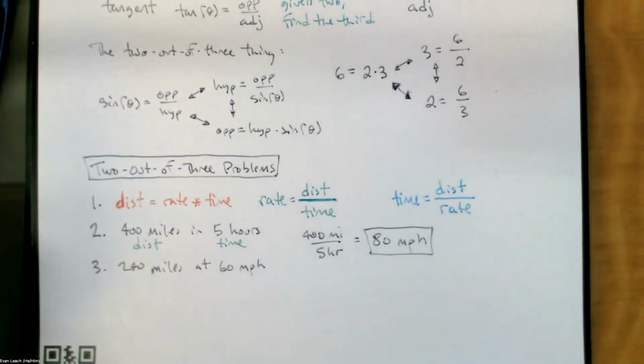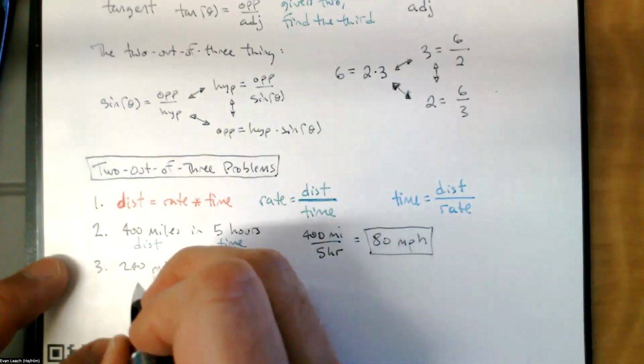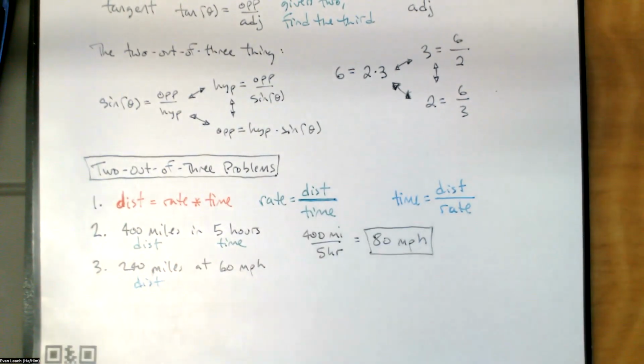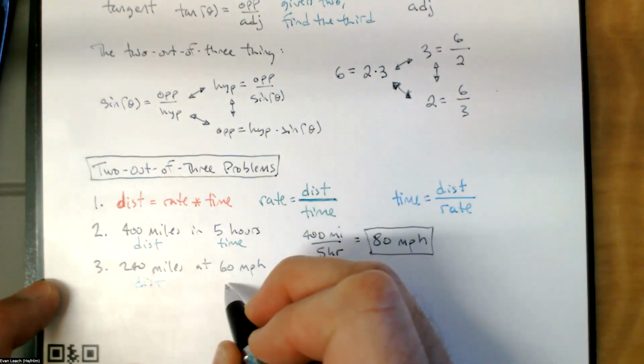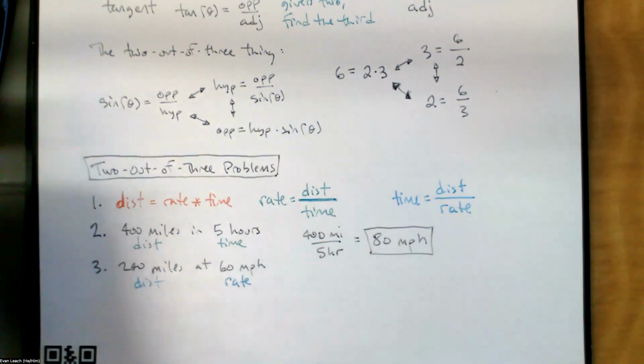What is the 240 miles? That's also a distance because it's still miles. And 60 miles per hour, what is that? That's a rate. So I've got a distance and a rate, and I want to find a time.